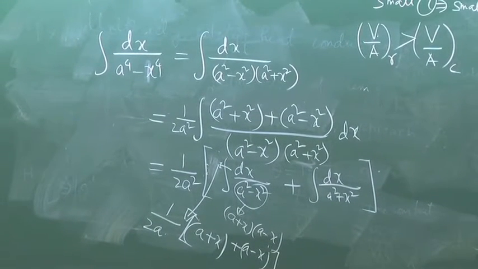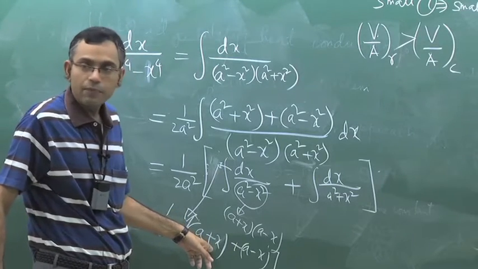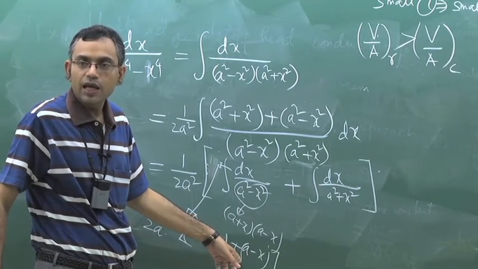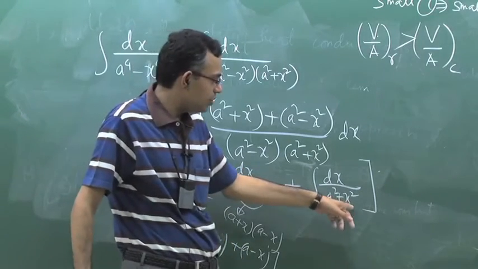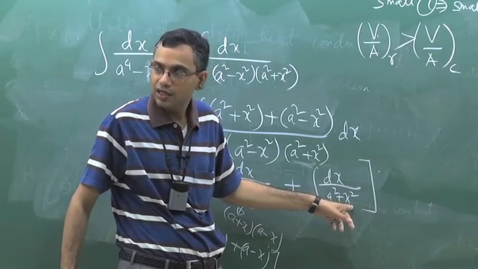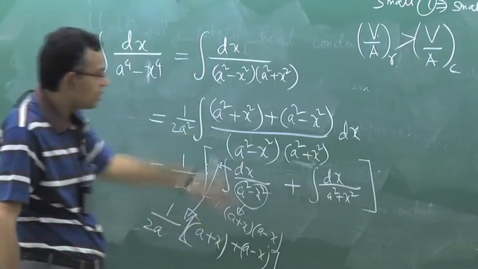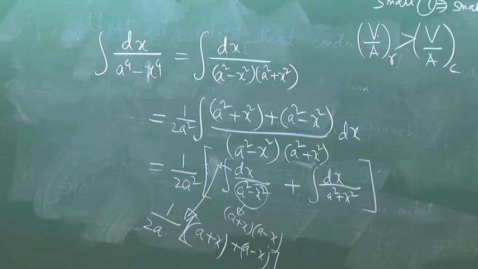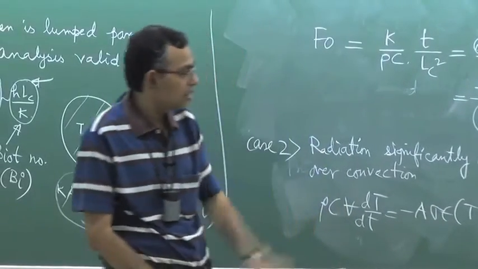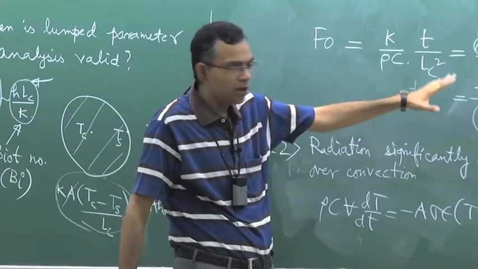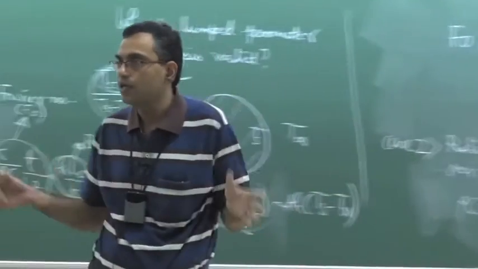Right. So one of the integrals will be ln of a plus x, another will be ln of a minus x, and this, if you substitute x equal to a tan theta, will be a straightforward integration. So the integration is quite easy. Even if you do not remember any formula, you can reproduce it quickly. The remaining part of the problem is just purely algebraic simplification. Concept wise we do not learn anything new.